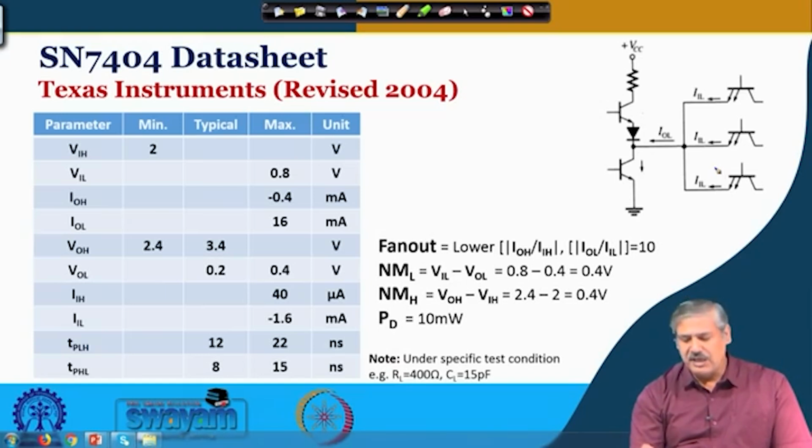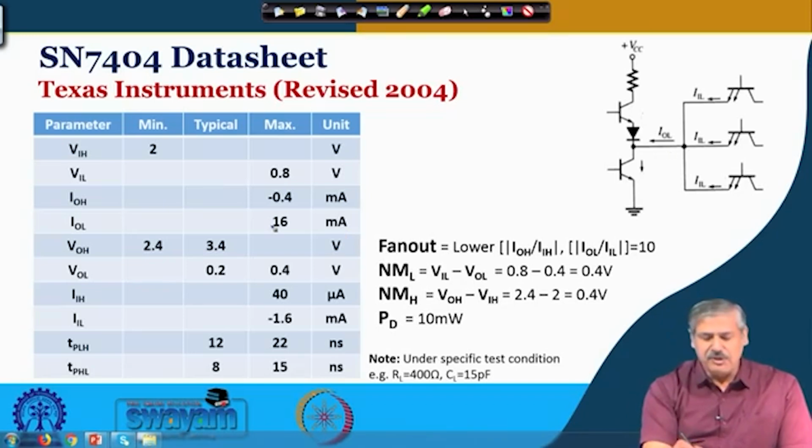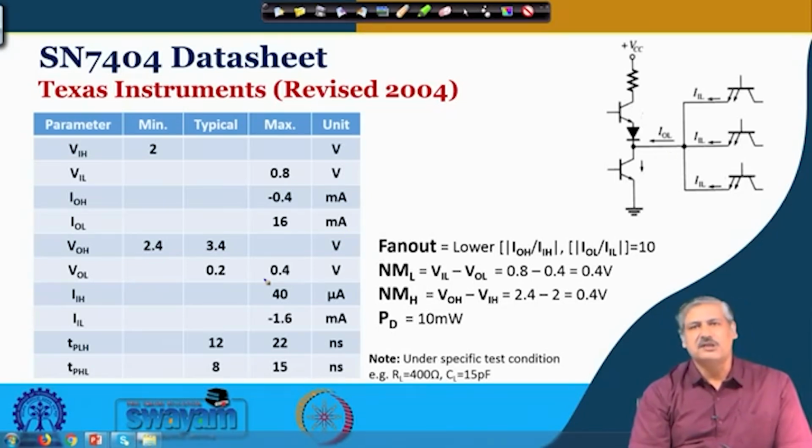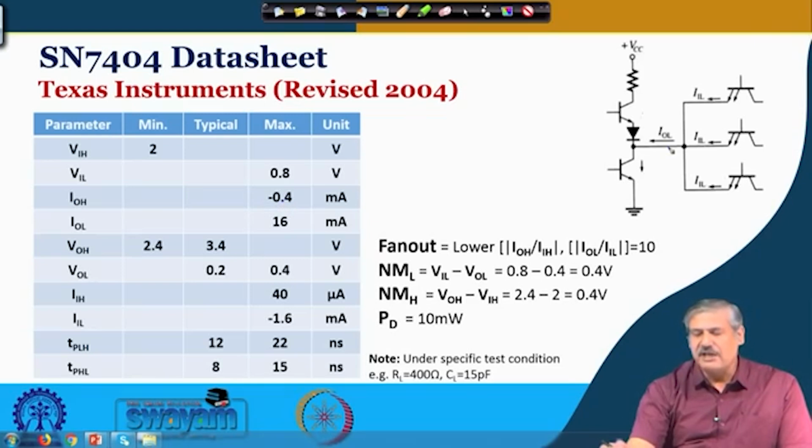Now when you talk about the sign of the current, any current that is going into is considered positive and going out of is considered negative. So IOH is the current that you can see, which is considered positive. Let us start with IOL only, because in this example IOL is there.